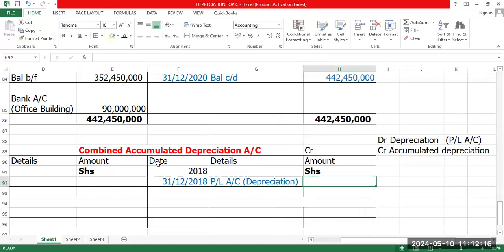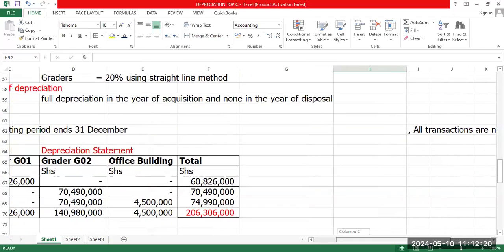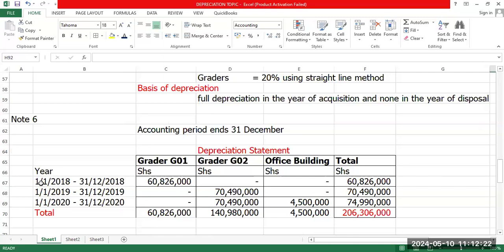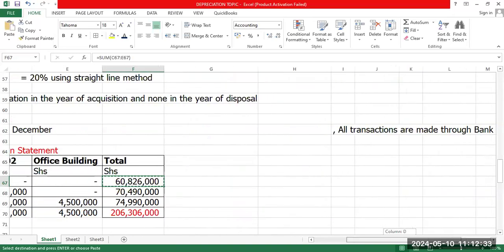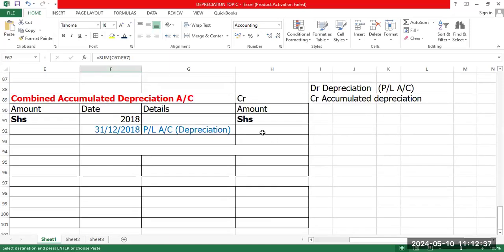And what was our total depreciation for 2018? You go back to your statement. This is 2018. For the whole of 2018, what was the total depreciation? It is here. So you copy this and paste it on this side.